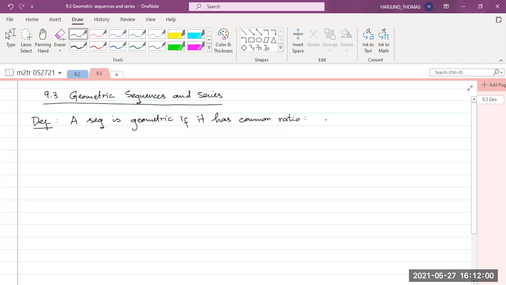That is, the ratio of the next term to the current term is a common R. Or another way to say it, the next term is the current term times R.